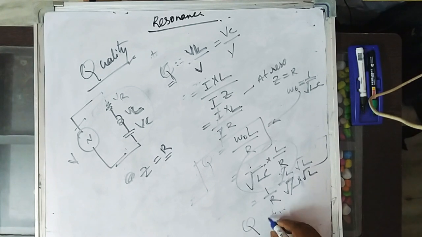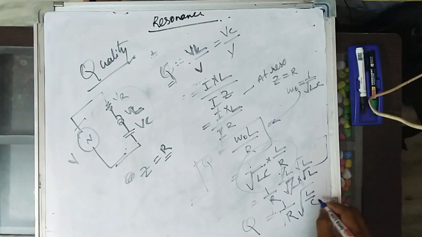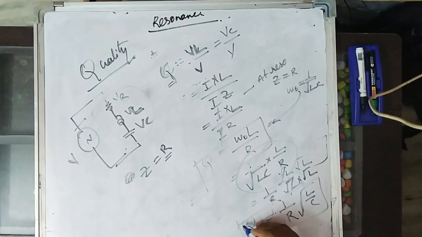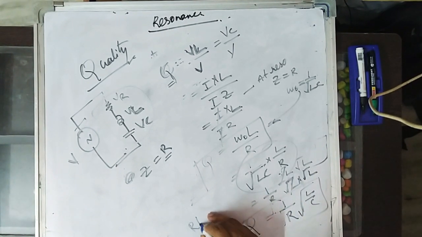Now the quality factor becomes 1 by R into root of L by C. So this is the quality factor of a series RLC circuit.